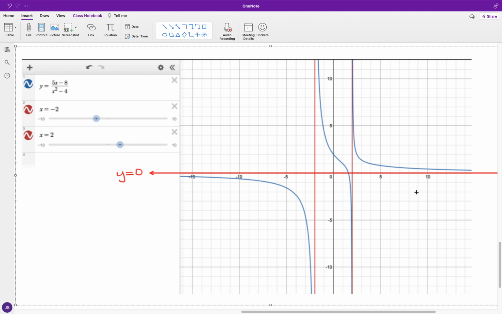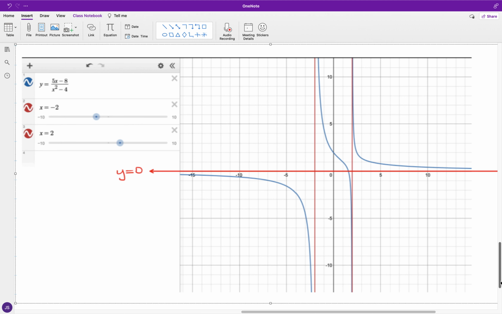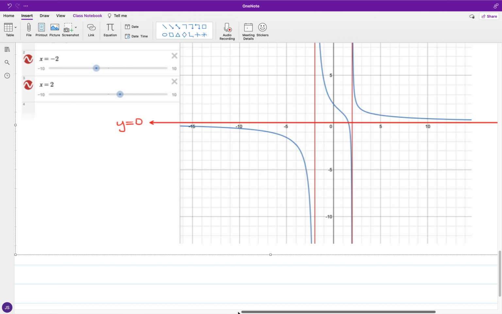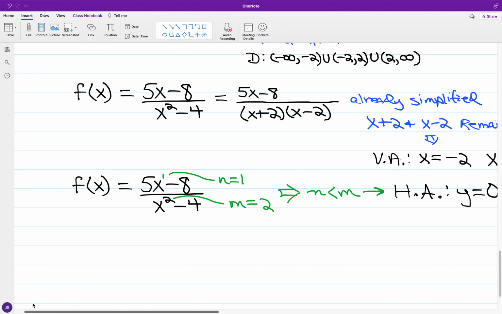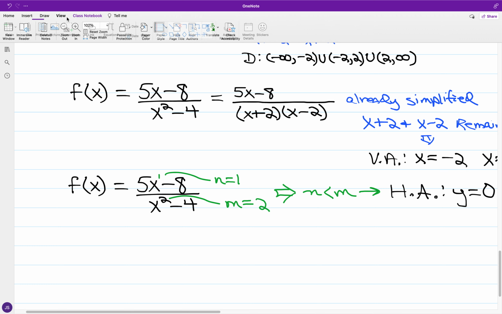All right. Now, in the case of what we have for the next items, in number 70, this function is already expressed in completely simplified terms.